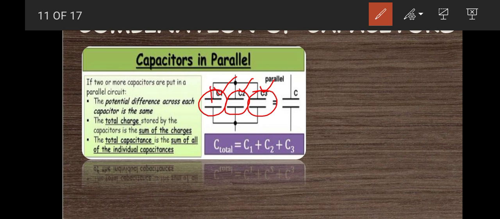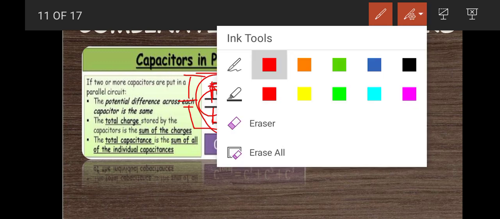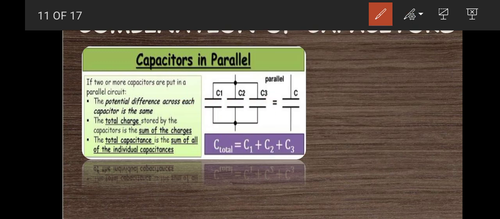So these are joined. You can see that one plate of each capacitor is joined with one terminal and the other plate of each capacitor is joined with the other terminal of the battery. Here only the capacitors are shown, but they are actually combined with the battery.